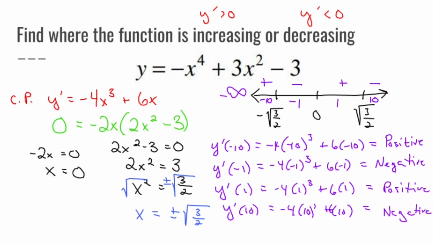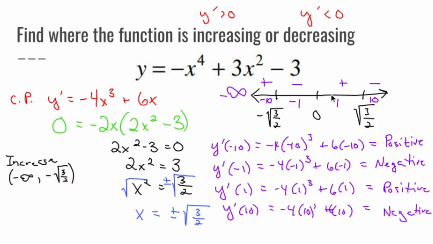Boom. All right, now let's get rid of this to give ourselves some space. Okay? This is now telling me that everything is increasing. Everything is increasing on the intervals negative infinity to negative root 3 over 2.